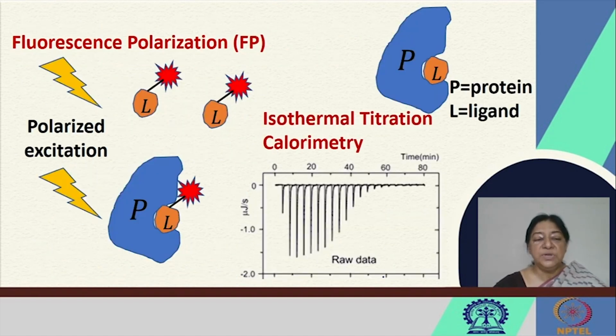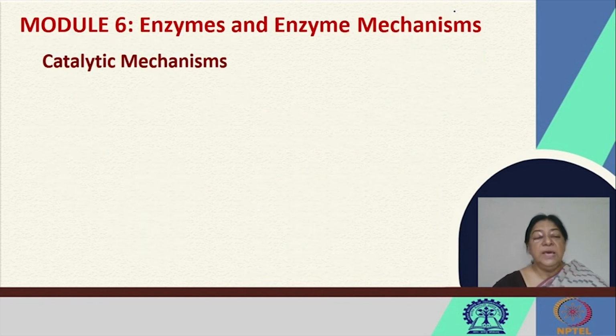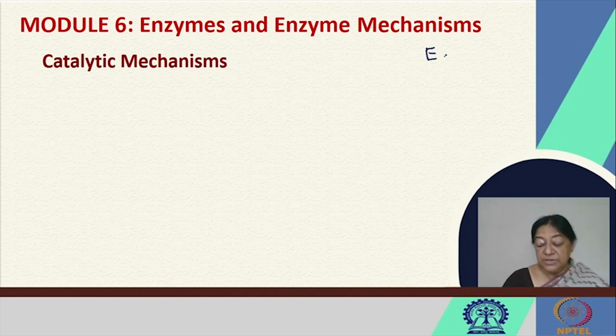The fluorescence polarization methods were also discussed, as was an isothermal titration calorimetric method in the understanding of these so important protein ligand interactions. The subset or a special example of protein ligand interactions are enzyme substrate interactions.